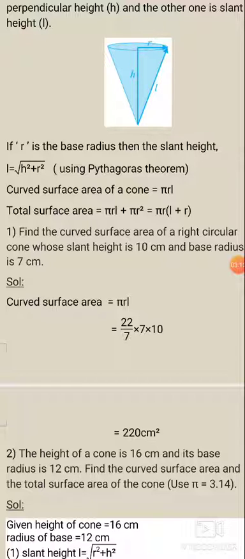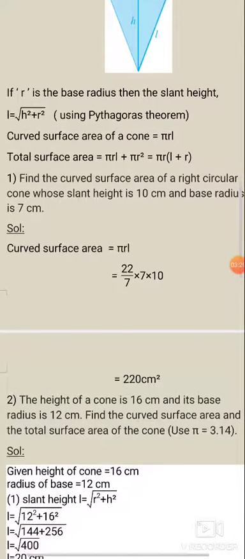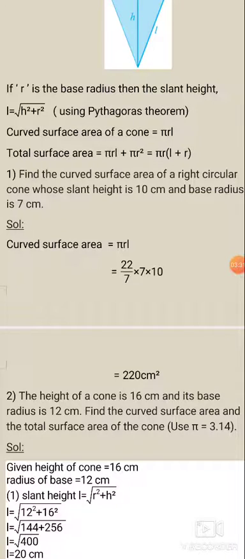We need to find both areas. Use pi is equal to 3.14. Now the given conditions: the height of the cone is 16 centimeter and the radius of the base is 12 centimeter. Now slant height we need to find out first.